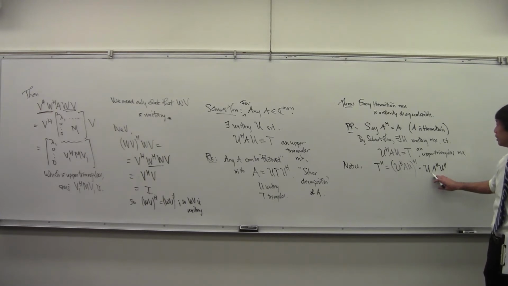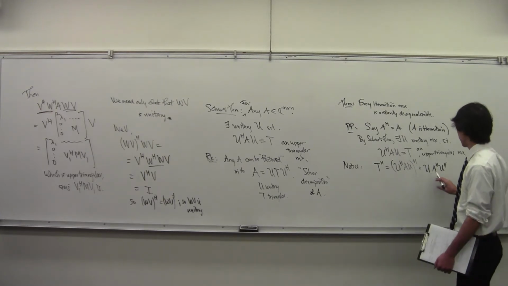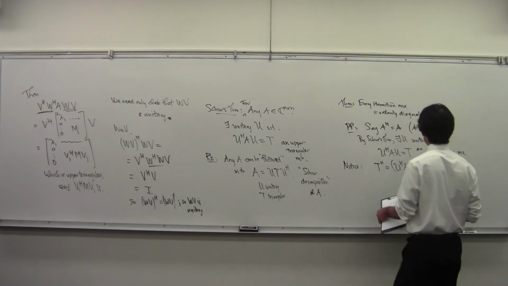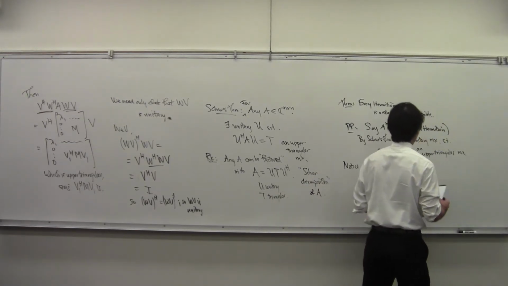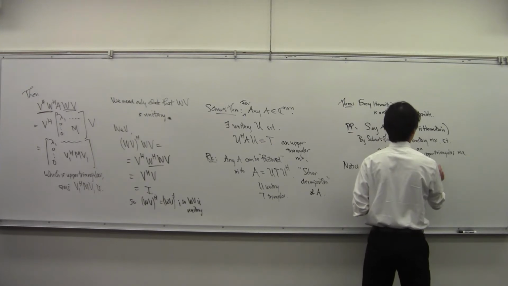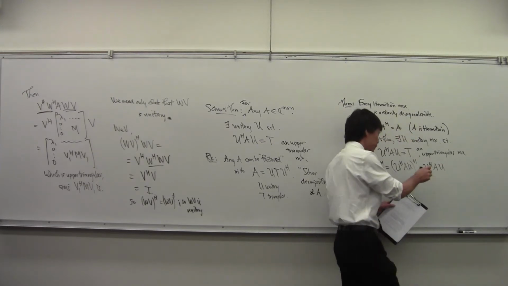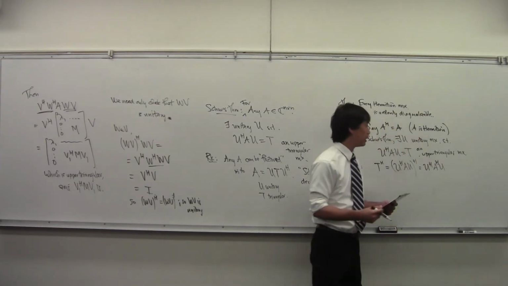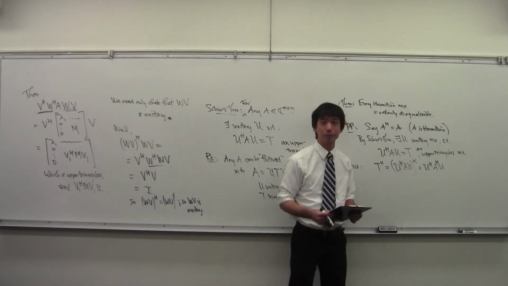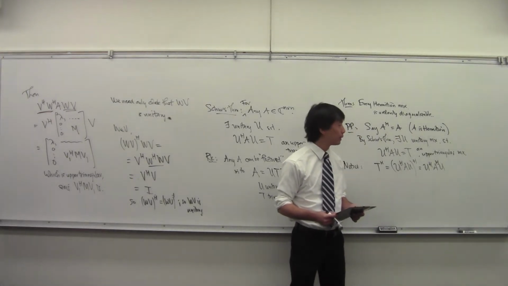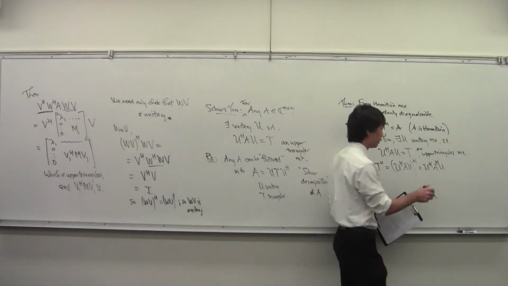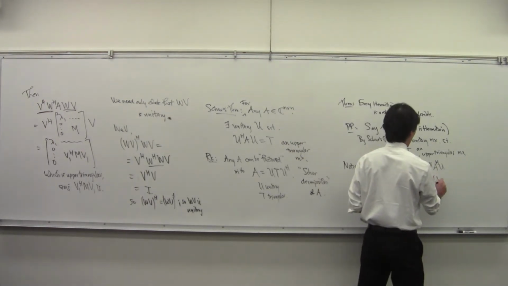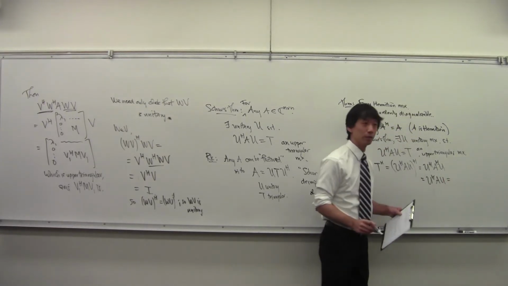Do you have to swap it? In the opposite order, thank you. U H A H U. But what's A H? A. So you get U H A U. But what's that?